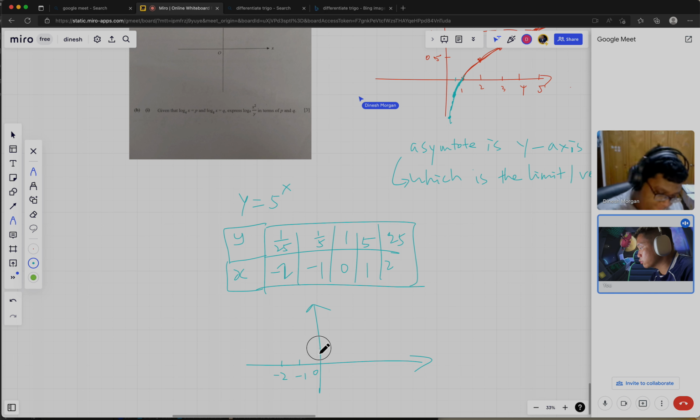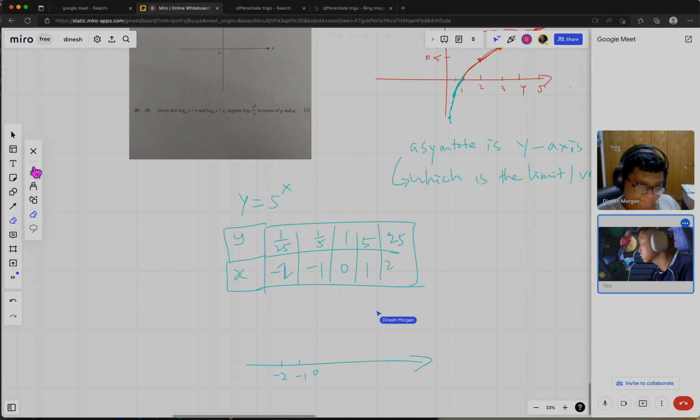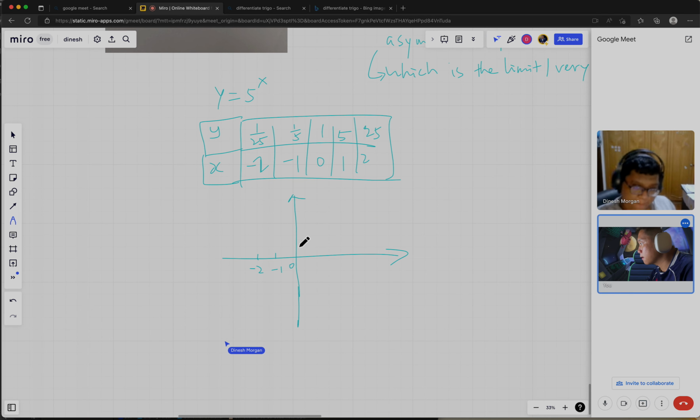So when 0 is 1 here, I need to get a longer axis. Let me change the scale. If this is 5, then this is 10, then this is negative 5, and this is negative 10. So at negative 2, it's very small, then this is 0.5. I think I know the asymptote.